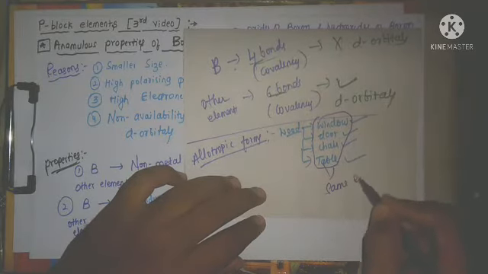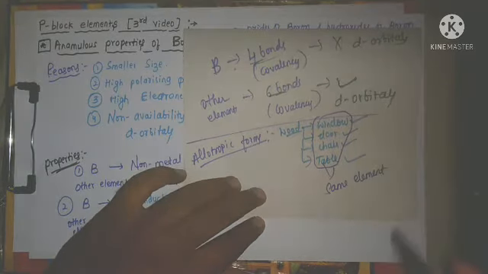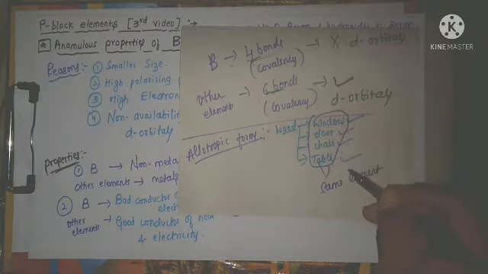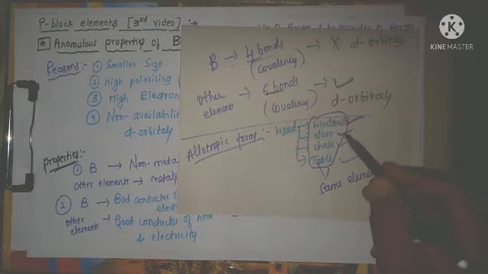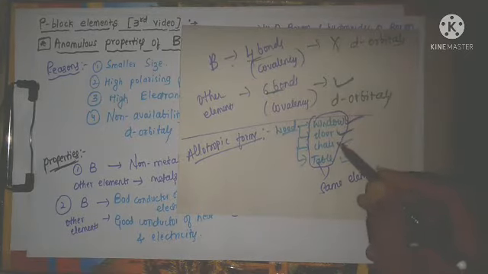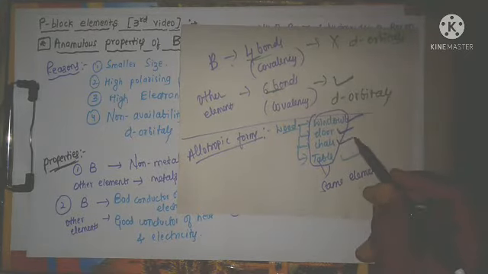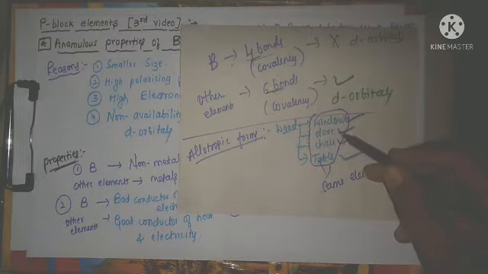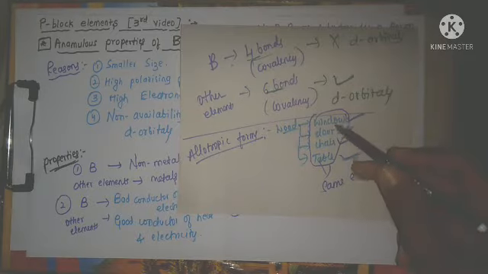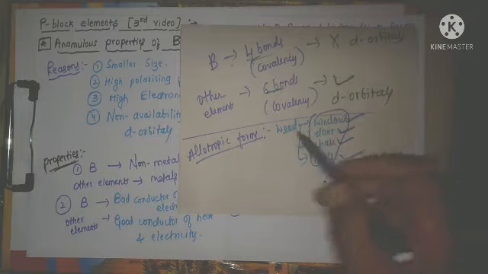But are the properties of all these the same or different? The property of a window is different from that of a door, and the properties of a chair and a table are different. Where each is used and when it is used differs, so the properties are different, but they are made up of the same wood. That is called allotropic forms.